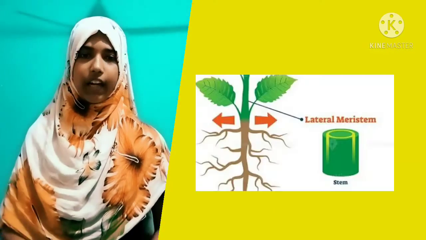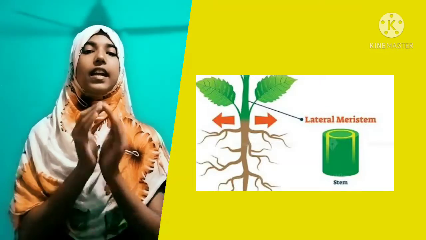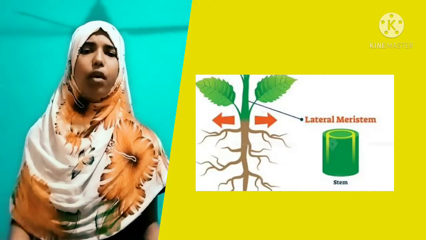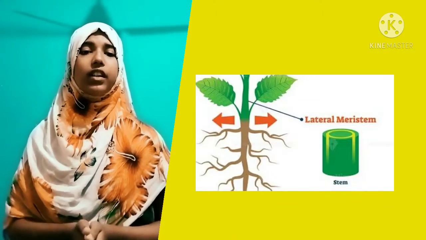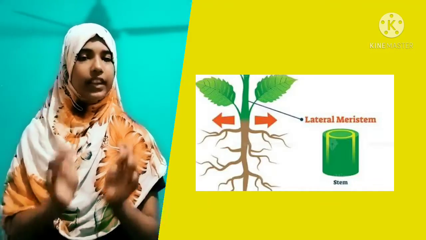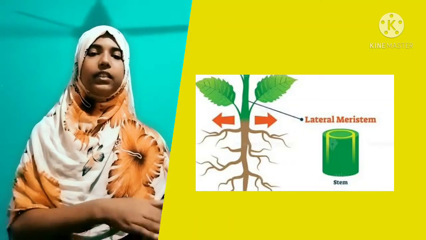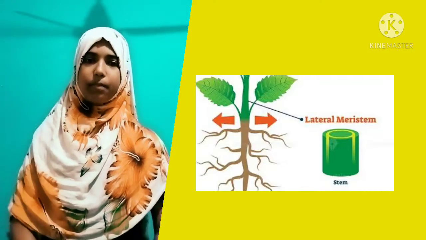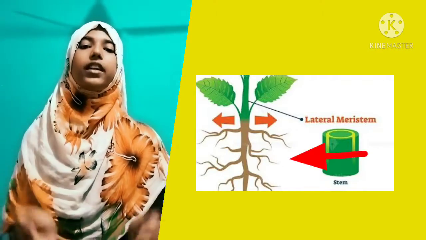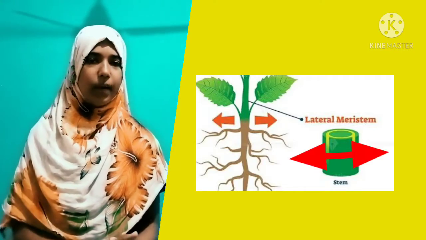Third one is lateral meristem. It is present in the stem of the plant. Some plants have a thin stem and some plants have a thick stem. Lateral meristem tissue is the reason for the growth of the diameter of the stem of the plant.